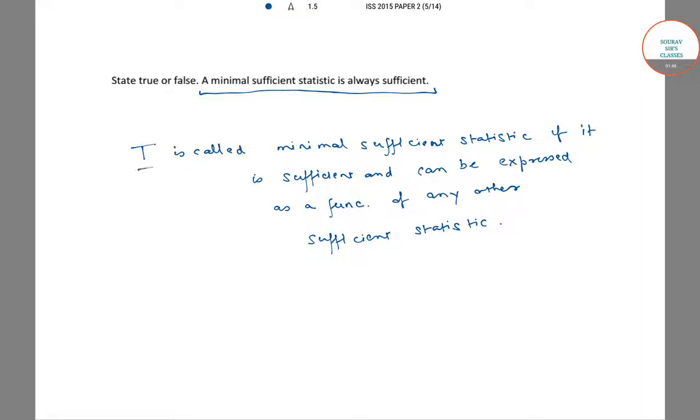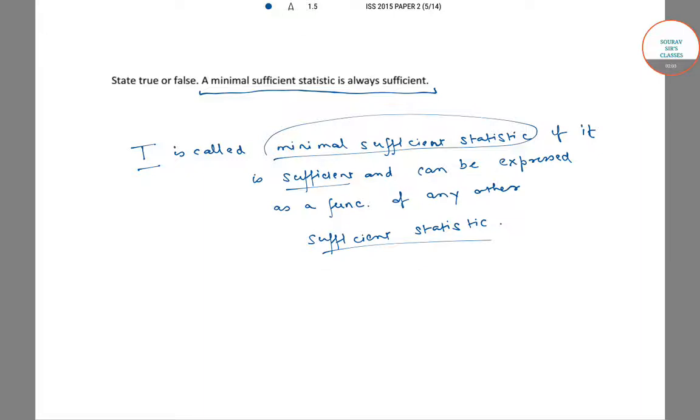So T, the statistic T, is called minimal sufficient statistic if it is sufficient and can be expressed as a function of any other sufficient statistic.